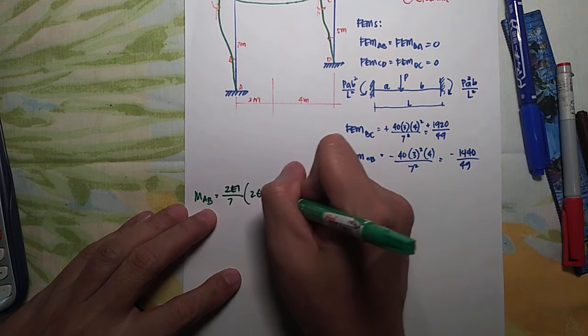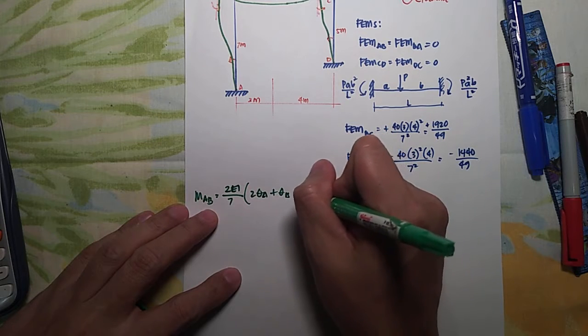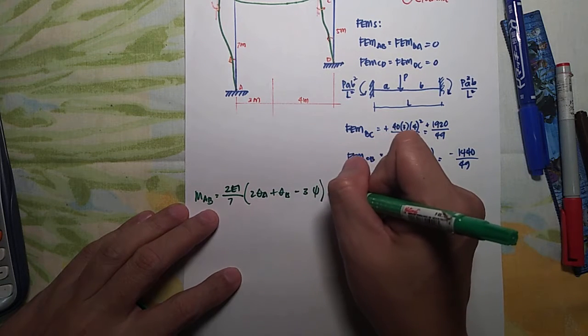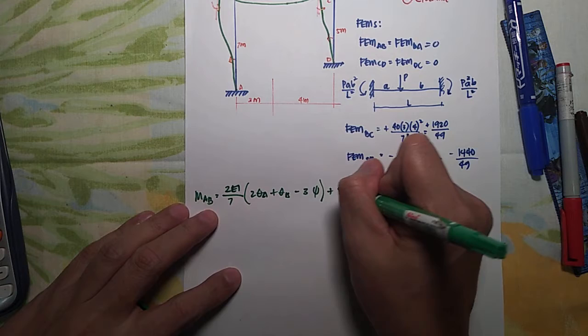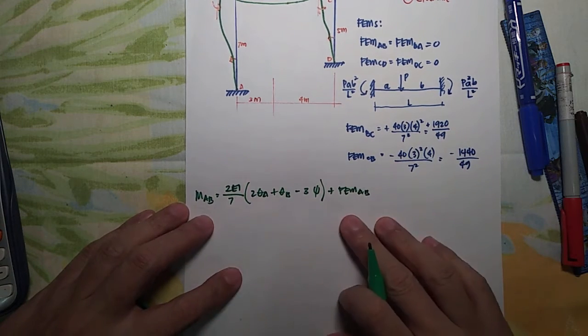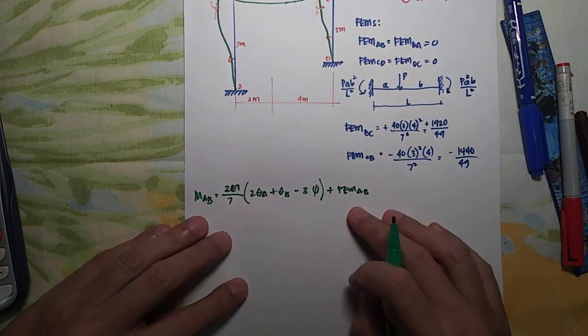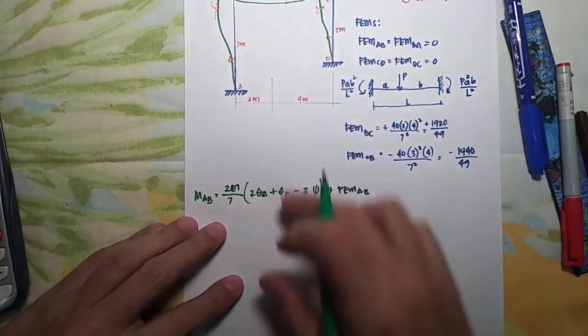Twice theta A plus theta B, minus 3 psi, then plus the FEM on AB. So that's the member end moment equation for member AB.